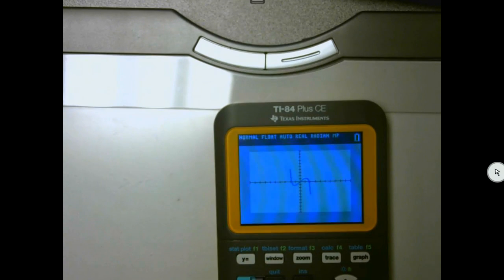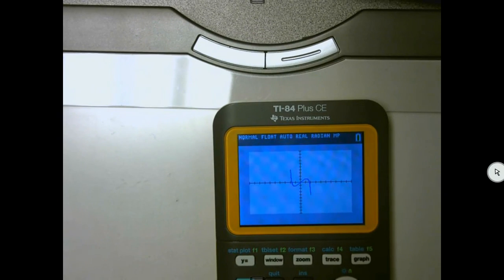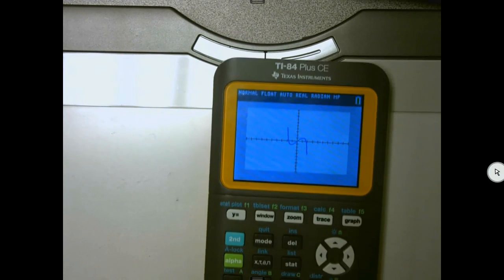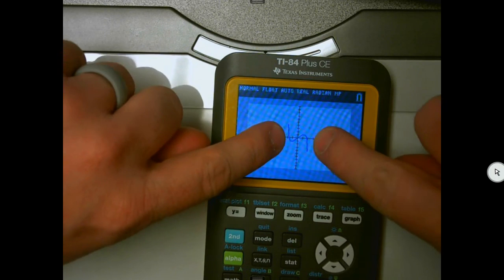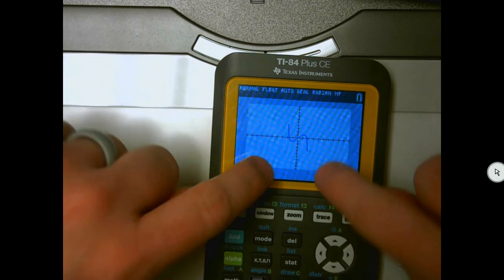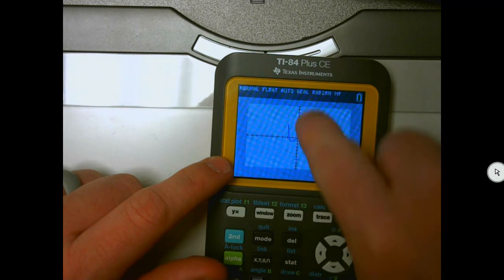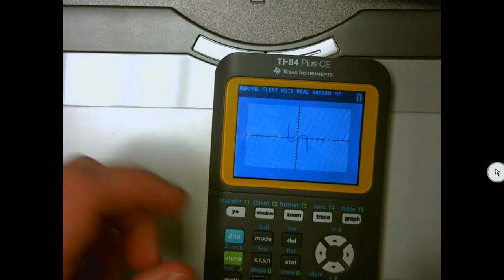Okay, so this is what our graph looks like. You can see it only goes between -2 and 2. It actually goes on forever, like down, but our calculator can't really see that.